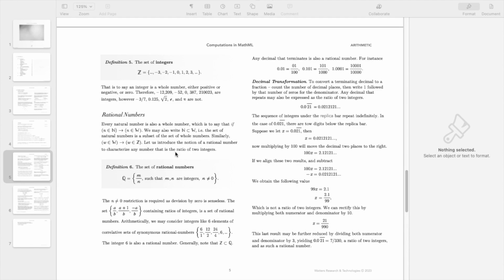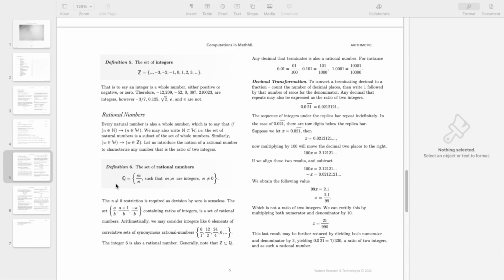All right, so let's introduce the notion of a rational number to characterize any number that is a ratio of two integers. So definition 6, set of rational numbers, Q. So m over n denotes rational numbers such that m and n are integers and n is not equal to 0. So that's the main idea here.